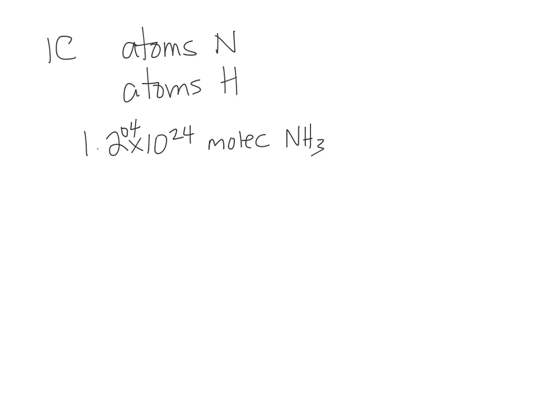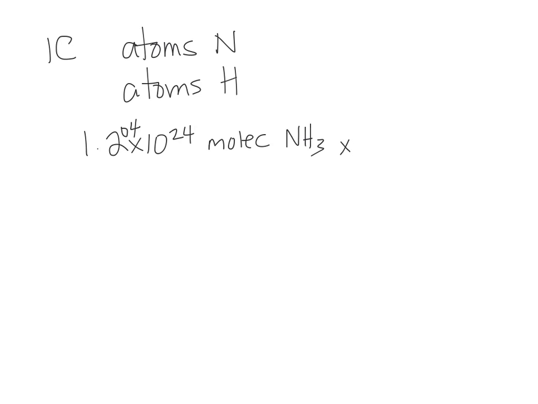So, because we're using this number again, because it said use your answer from 1A, we have to use the unrounded number. So we've got molecules of ammonia. How many nitrogen atoms are in one molecule? 1.